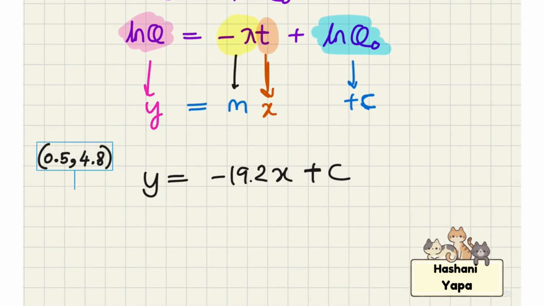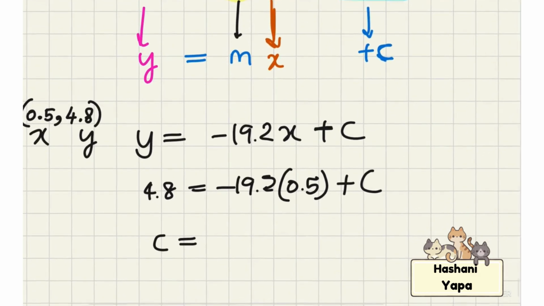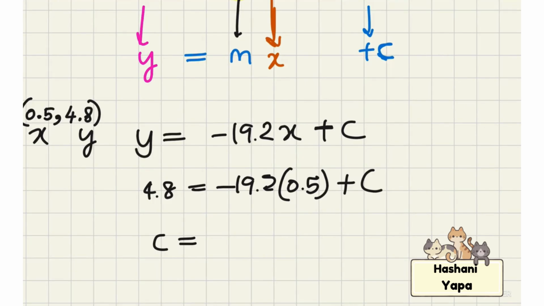This is the x, this is the y. So y is 4.8, minus 19.2, x is 0.5, plus c. So c is equal to, when you calculate, minus 4.8.